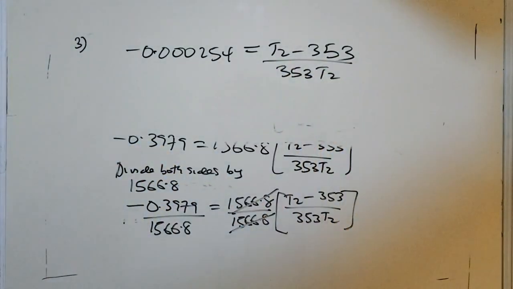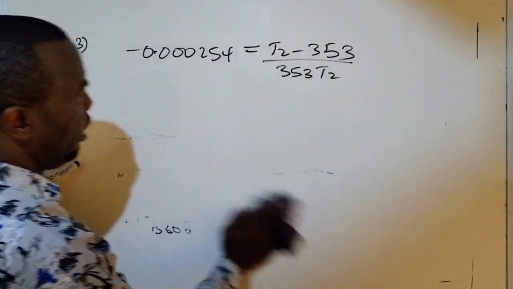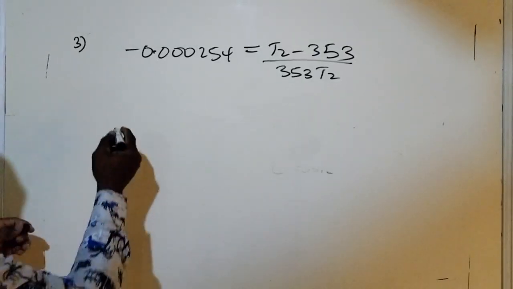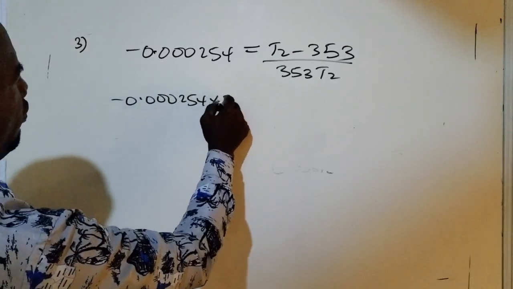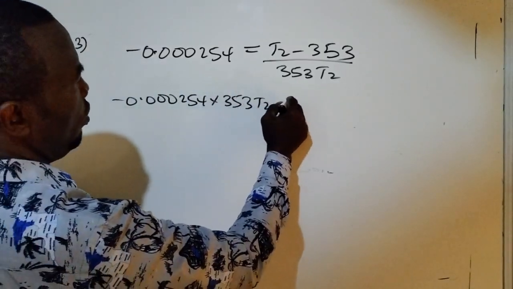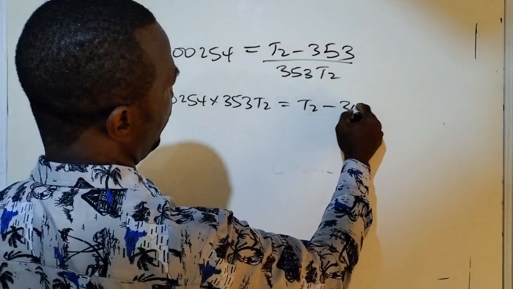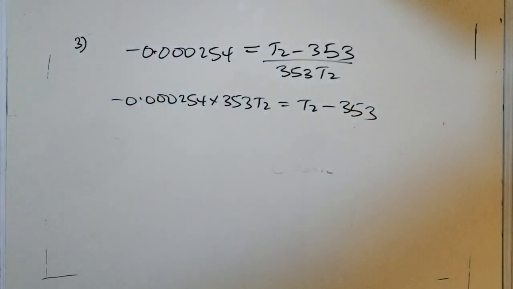You then cross multiply. When you cross multiply, you now have negative 0.00004 times 353 T2 equal to T2 minus 353. So multiply the left hand side.